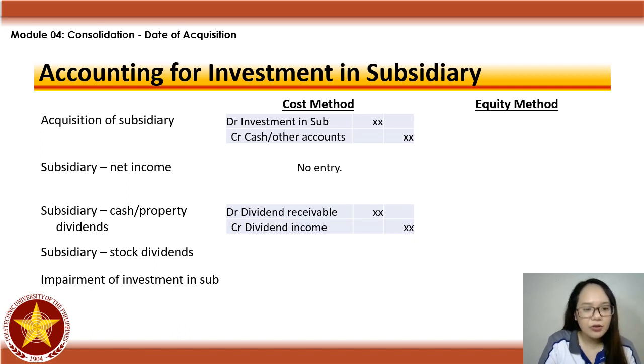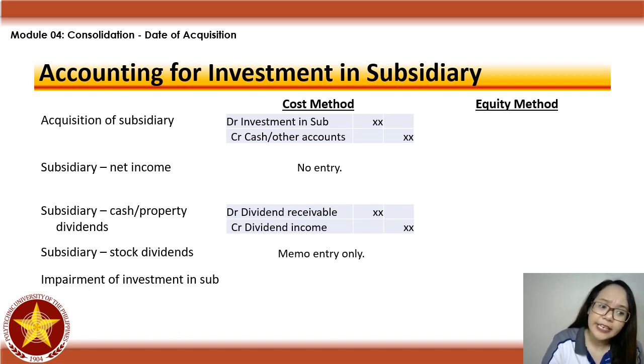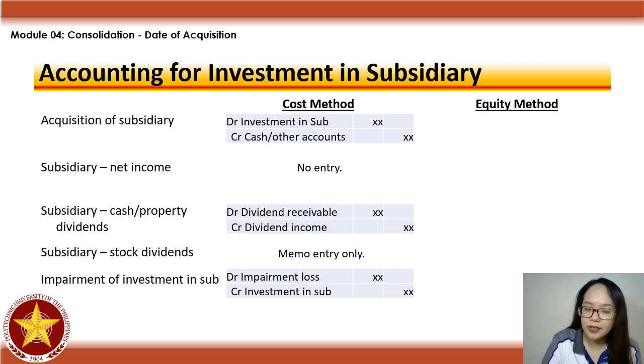Kapag si subsidiary nag-declare ng stock dividends, memorandum entry only for the corresponding or proportionate increase in number of shares with proportionate decrease in cost per share. Yun lang siya. And then, kapag nag-impair ka ng investment, of course, it will be a decrease, a credit to investment in subsidiary, debit impairment loss.